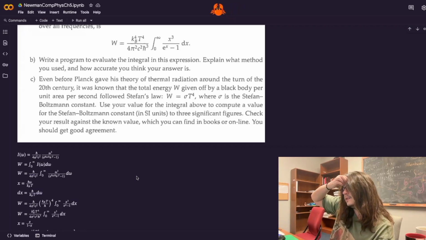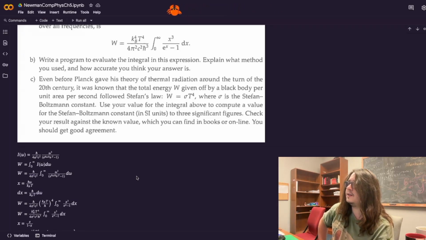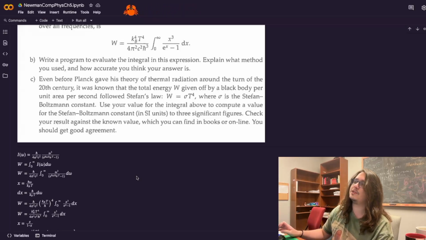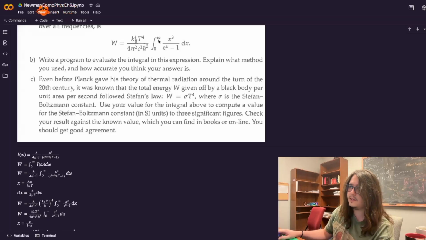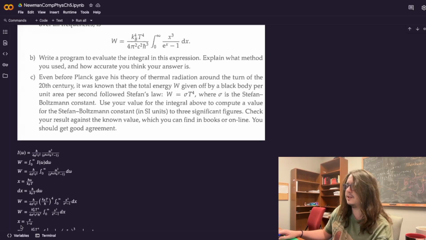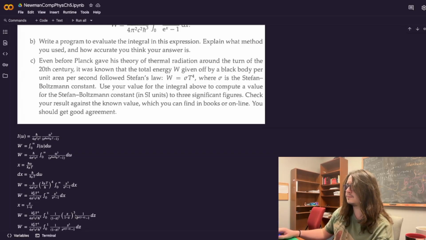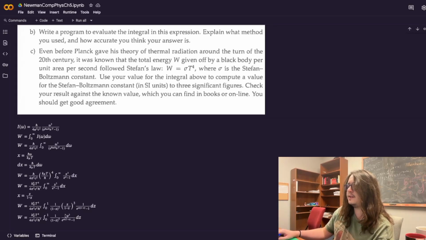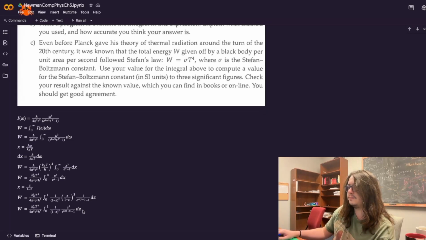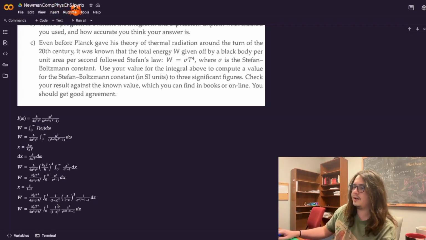But to do this computationally, it turns out computers don't much like whenever you set the upper bound of your integral to infinity. Instead, what you want to do is sub x for z over 1 minus z. If you do that, then the integral is a lot easier to calculate.